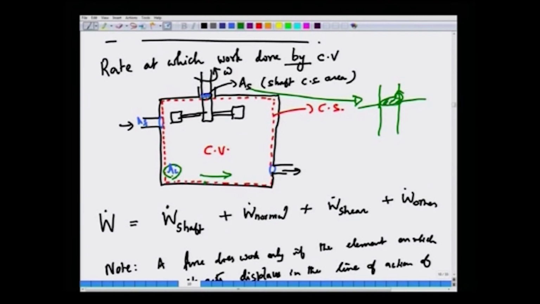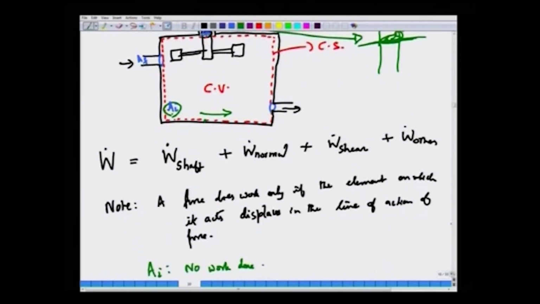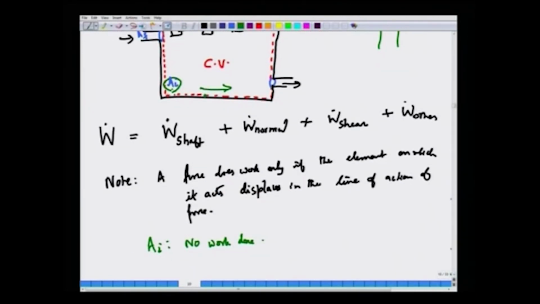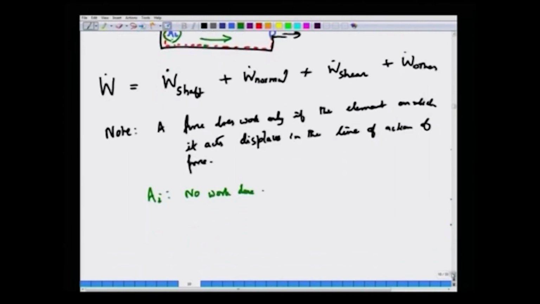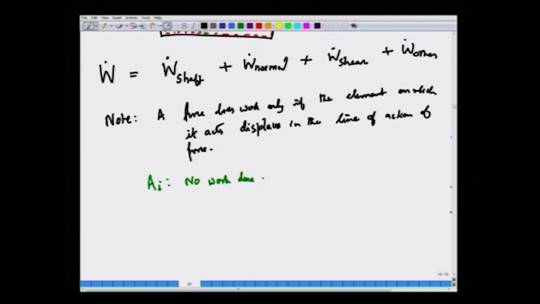So, there is a rate at which work is done either by the system on the surroundings or by the surroundings on the system whenever the control surface cuts across a rotating shaft. So, there is a rate at which work is done, and that is called the shaft work. Okay. So, that shaft work is what is denoted as W dot S or W dot shaft.